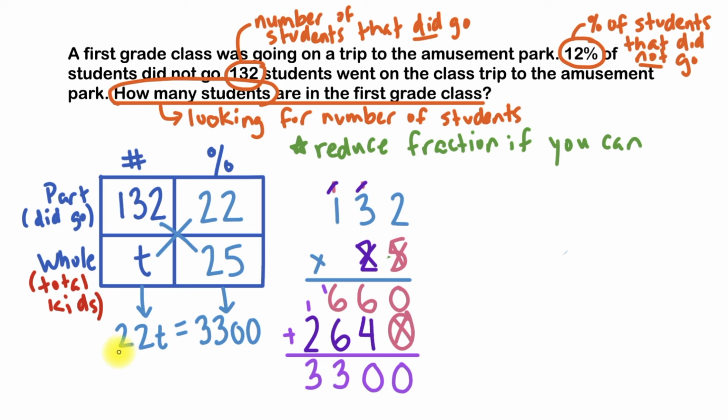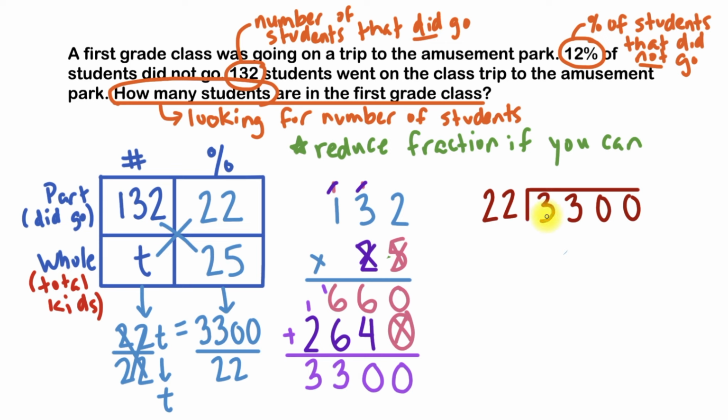And we show that by drawing a line under both sides and writing 22 underneath. These 22s will cancel, leaving t by itself, which is exactly what we want. And then we'll divide this side by 22. But that's going to require some math, and we can do that over here.